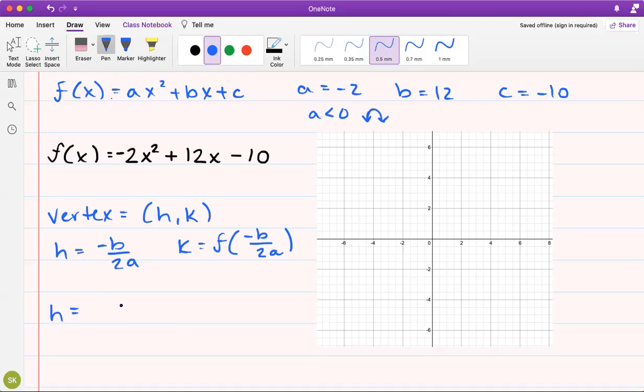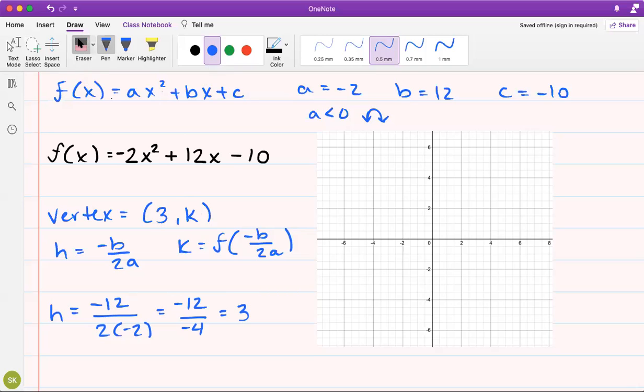So h is equal to negative b, so negative 12, divided by 2 times negative 2. Okay, so that's negative 12 over negative 4, which is a positive 3. So now we know the x value, or the h for our vertex. So let's erase this h and put 3 here.